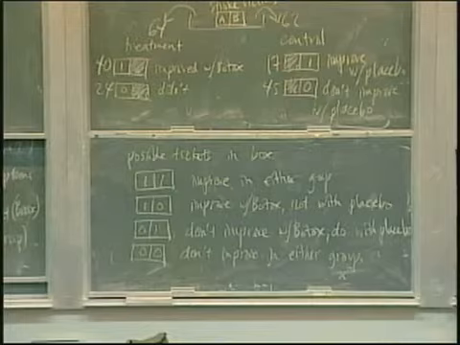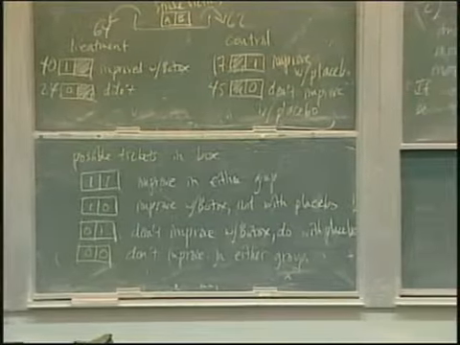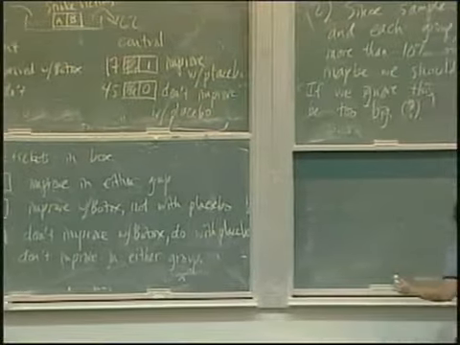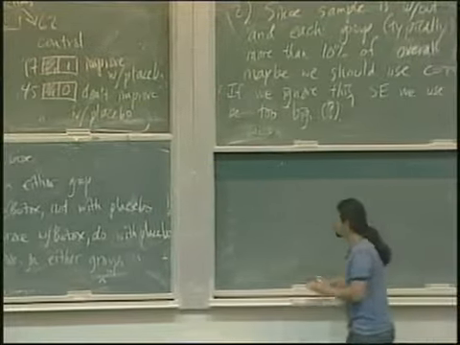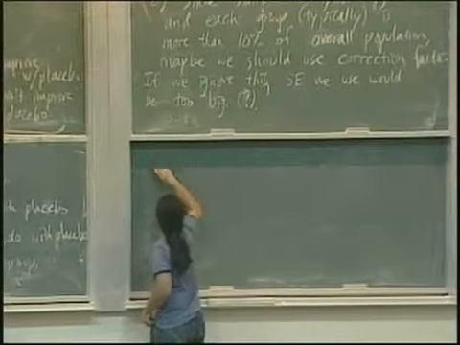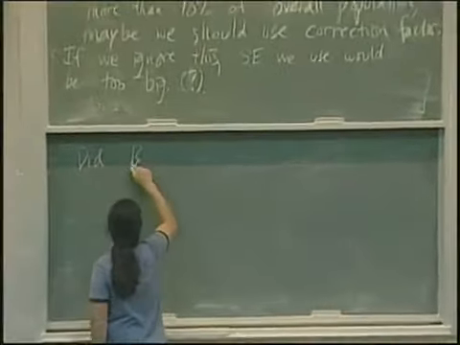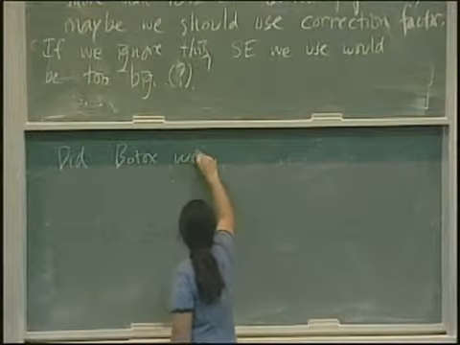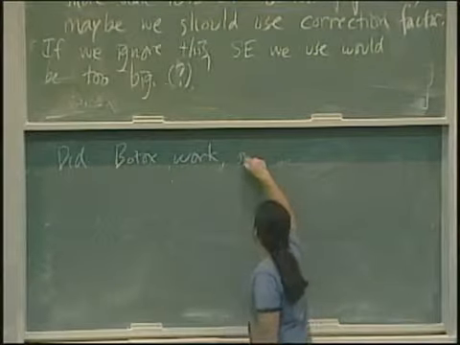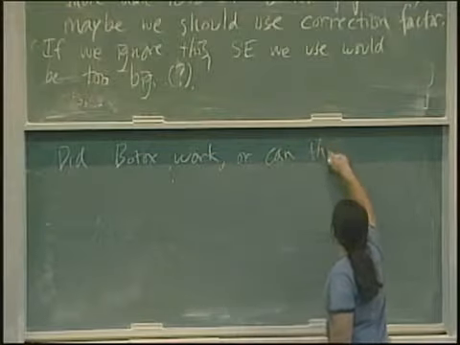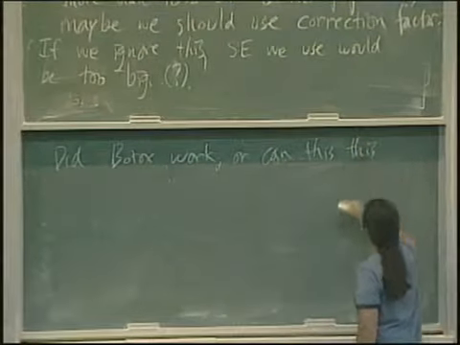Okay, so let's try to answer this question of whether or not Botox works as a hypothesis test finally. So did Botox work? Or can this be explained by chance?